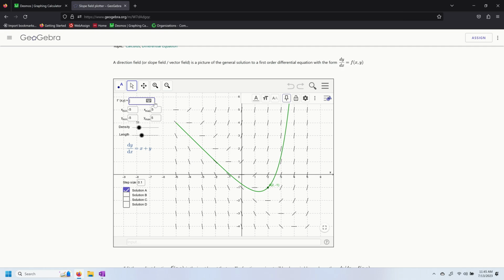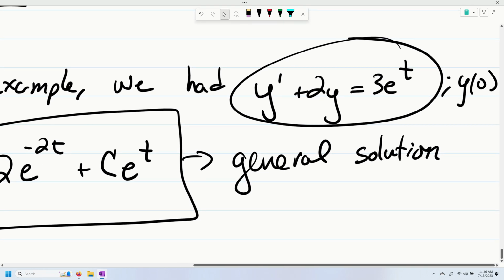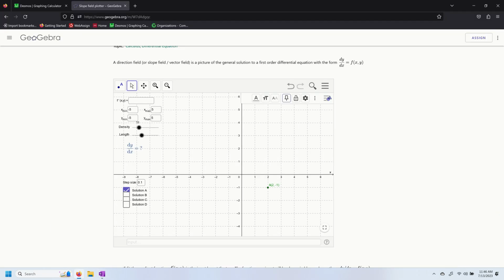Let's go back to our notes real fast because I want you to see the differential equation. It's y prime plus 2y equals 3e to the t. Watch what this actually looks like when I graph it.